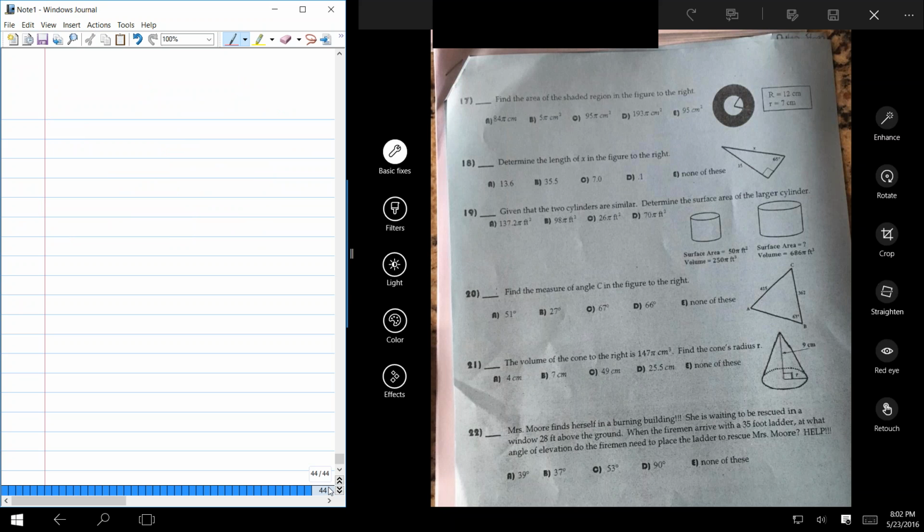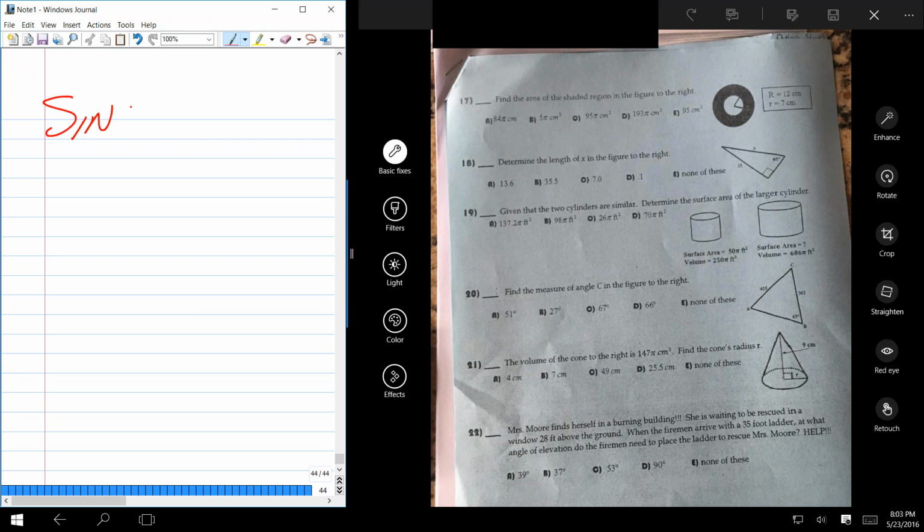All right, find the length of x in the figure to the right. So you have an angle, you have side 15 and you have side x. Which trig function relates that angle to those two sides? You would use sine. So what's the equation?